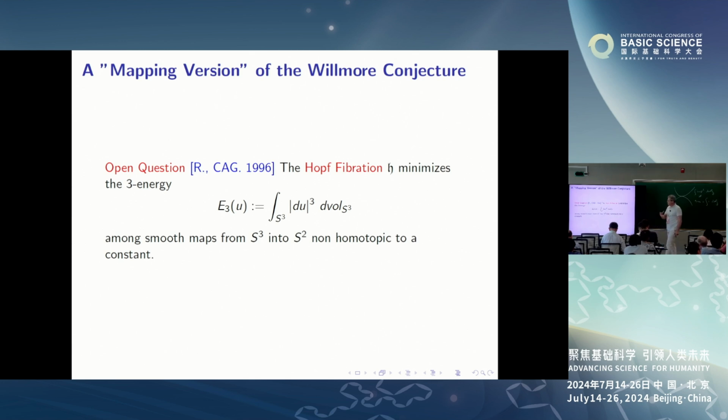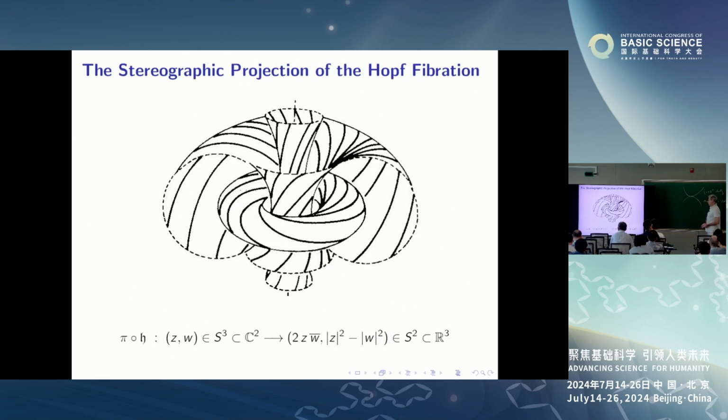So you go from S3 into S2, and you want to minimize the 3 energy among maps which are non-homotopic to a constant. The 3 energy itself is again invariant by conformal transformation. So if you compose with a Möbius group, the 3 energy remains unchanged.